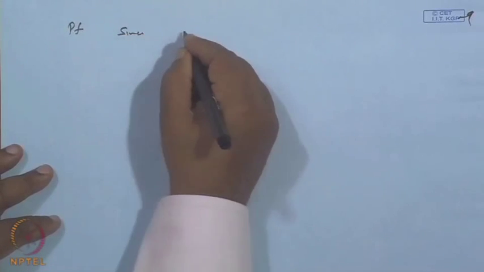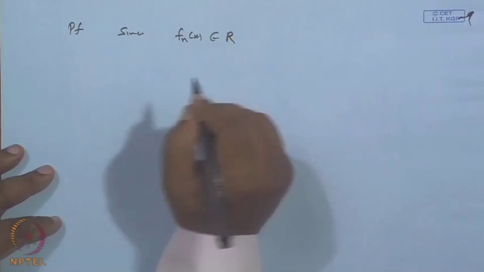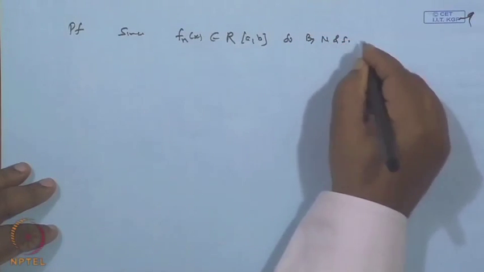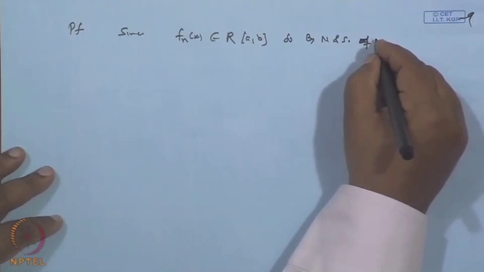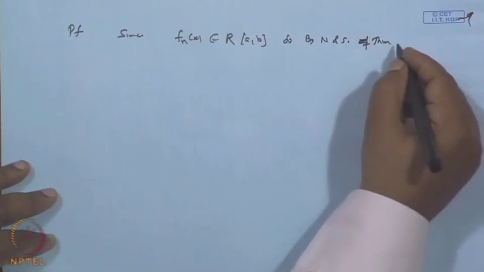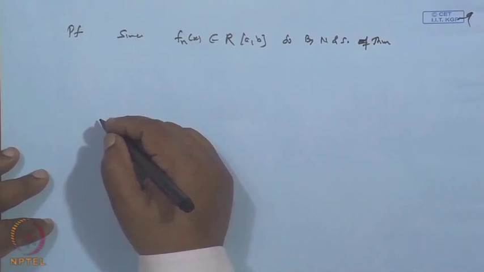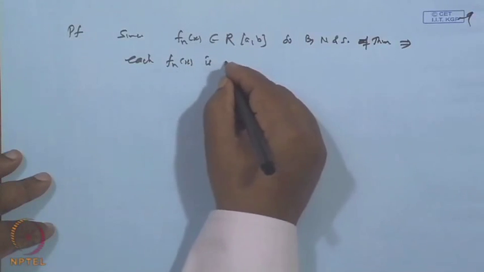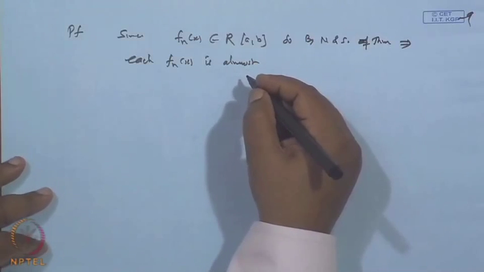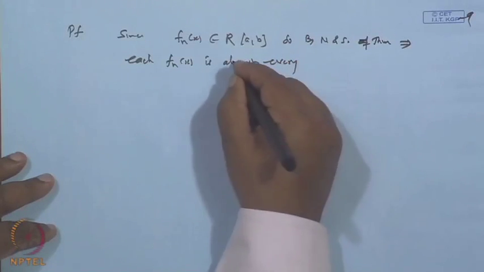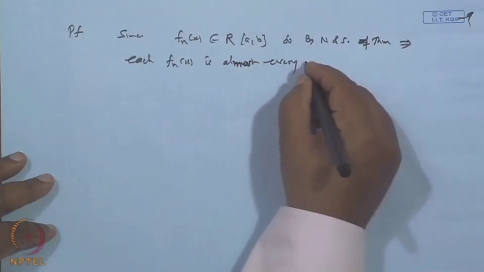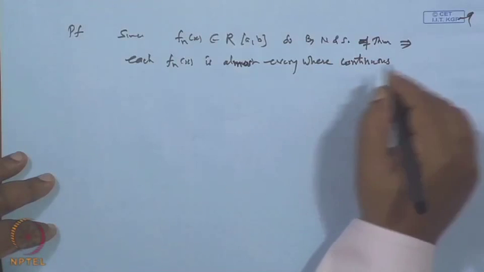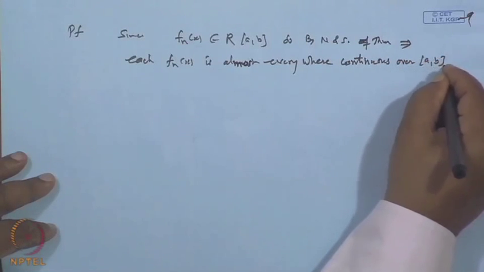Now, since the f n x are elements of the Riemann integrable functions, by the necessary and sufficient condition of the theorem, f belongs to R if and only if it is almost everywhere continuous. This implies that each f n x is almost everywhere continuous over the interval a b, by definition.